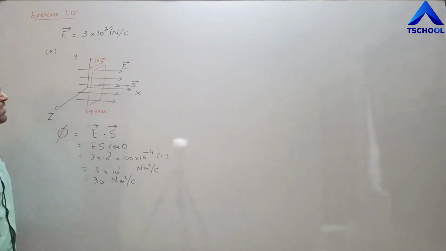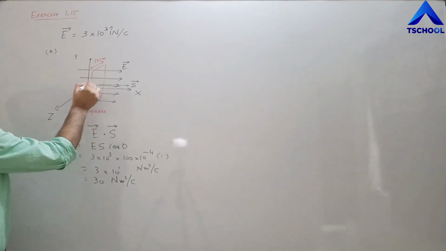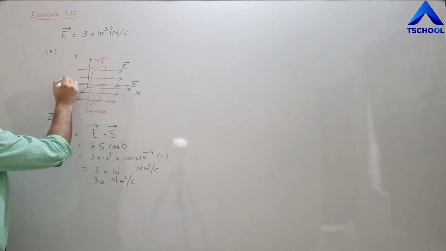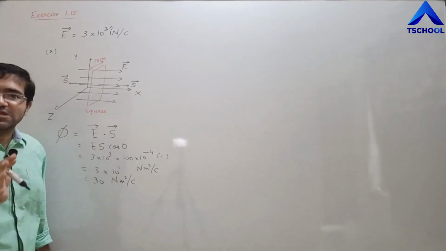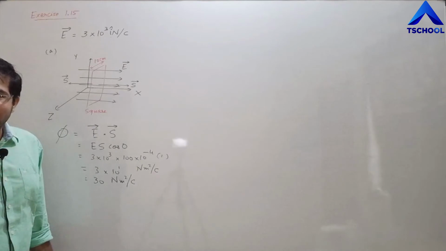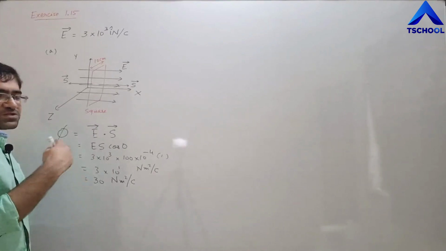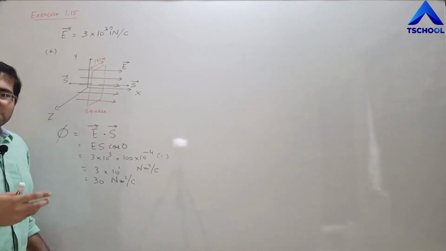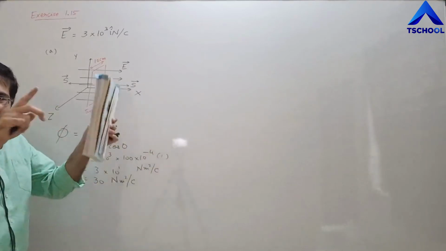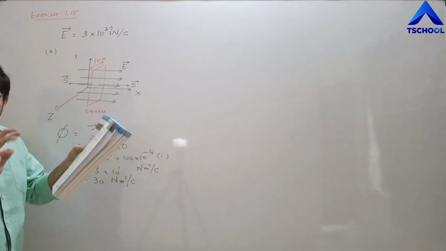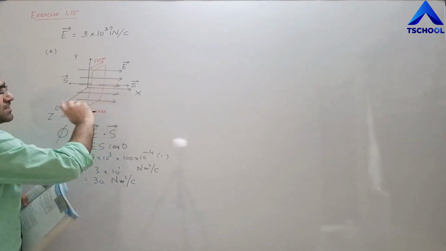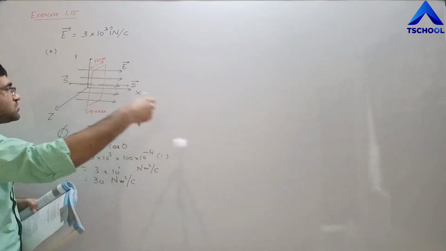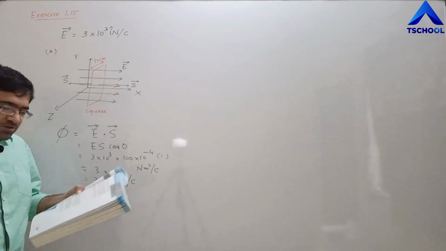You might have a question: is it not possible to put the area vector in this direction? Is it valid? Yes, it is. It is perfectly valid, because if it's a single open surface, then there is not only one perpendicular. You could have the perpendicular this way, you could also have the perpendicular the other way.